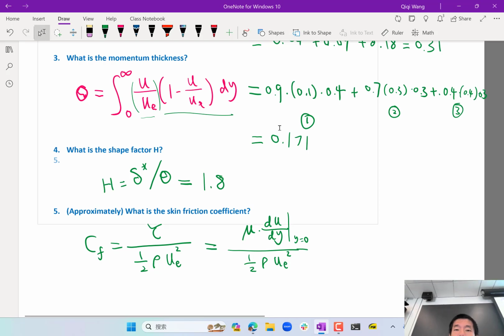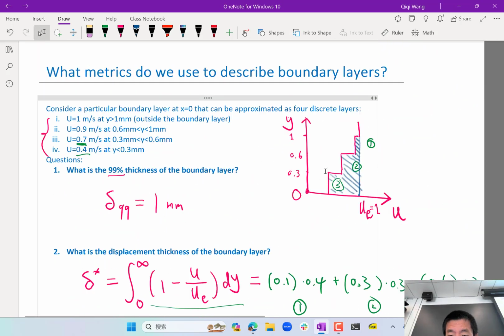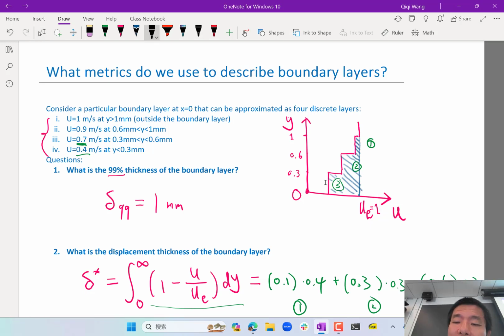Now if we are assuming a piecewise constant velocity profile, then there is no derivative at the wall, right? So we have to approximate it, with the understanding that this piecewise constant velocity profile is an approximation. The real velocity profile has to be equal to 0 at the wall.